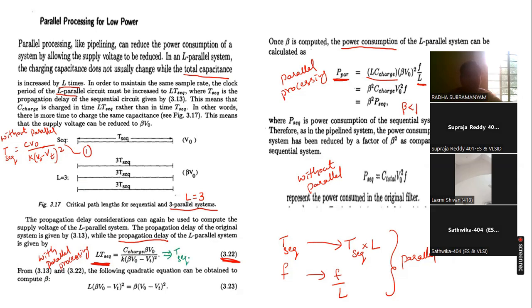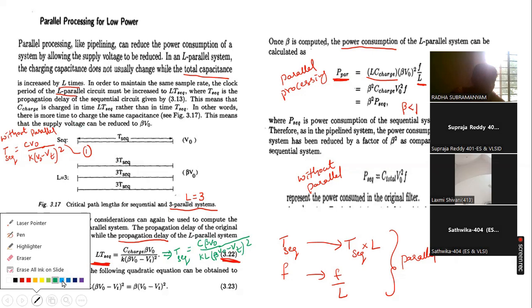So this can be further written as, C into beta V naught by K into L, and then beta V naught minus VT whole square. Now equate the RHS.